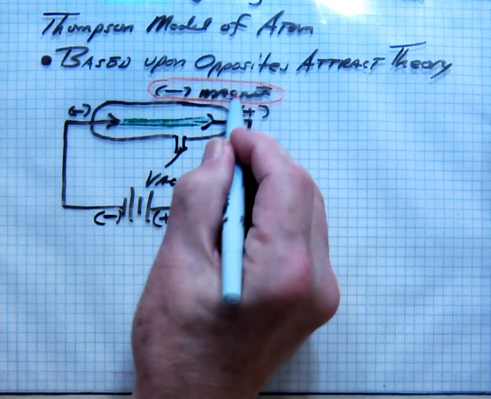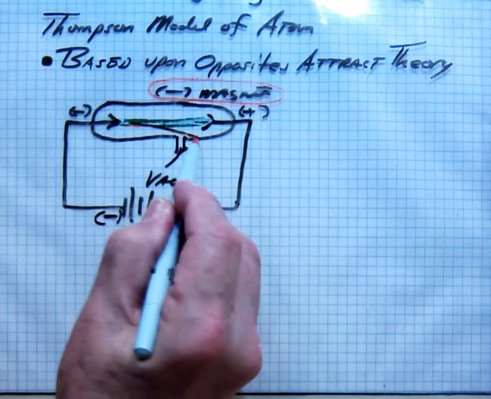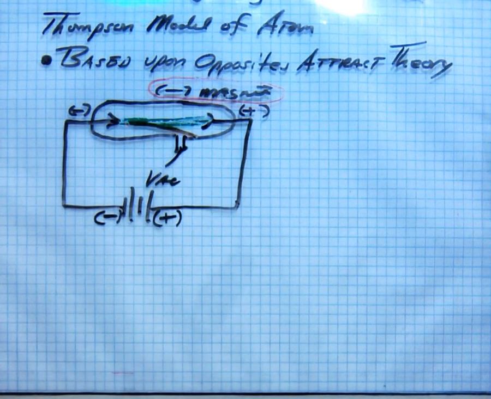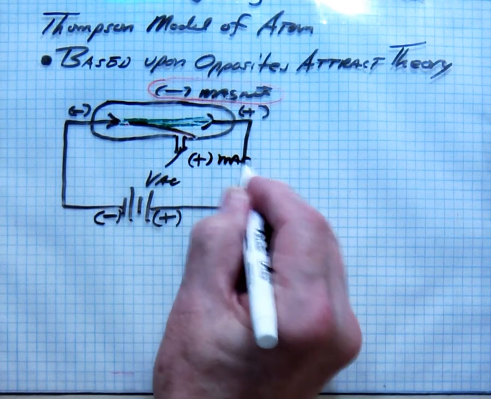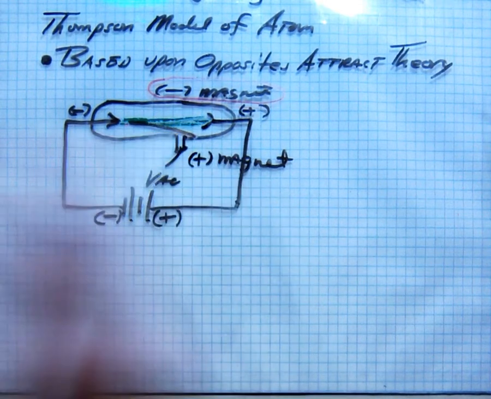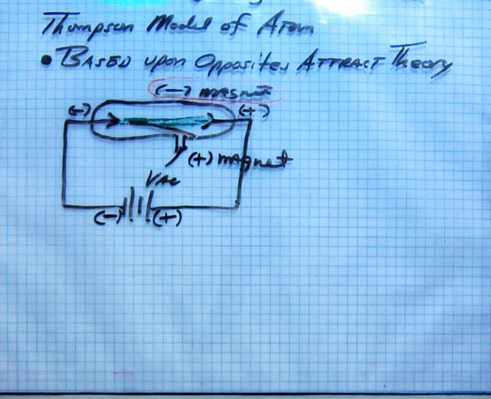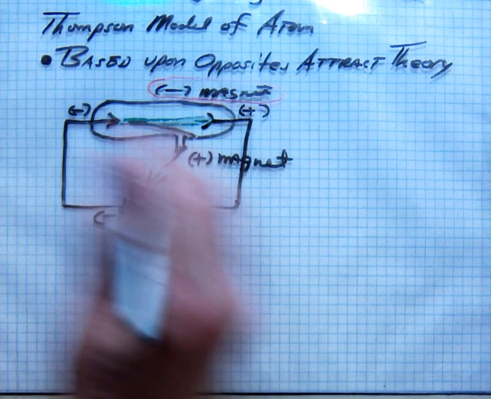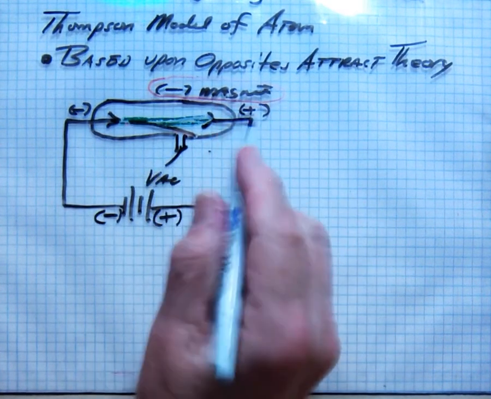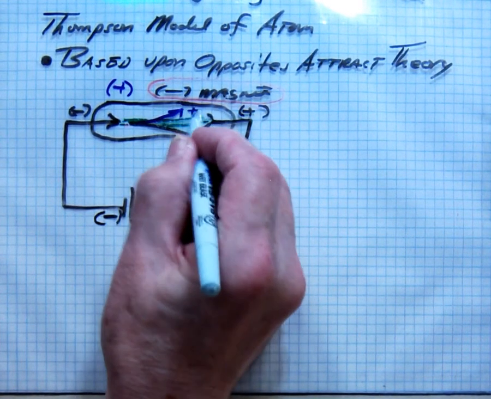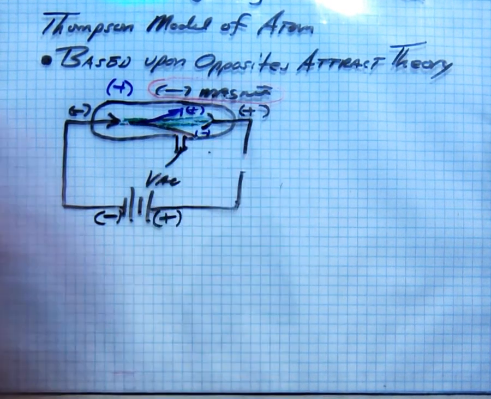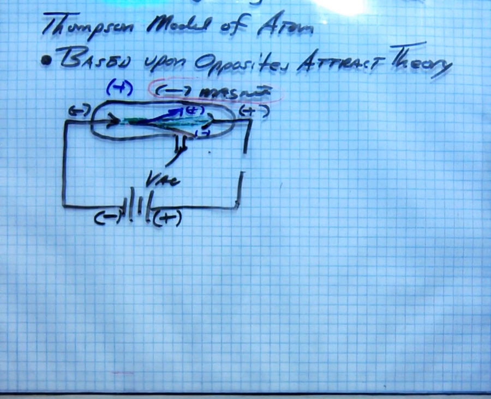That says magnet, believe it or not. What we'd see is a repulsion effect like that. If you take the positive end of a magnet and push it up against the green beam, it would repel from that. I should put the magnet on the other side. The beam would go toward the plus end, and the orange would go toward the negative end. I think everybody can appreciate that. Opposites attract, like charges repel.